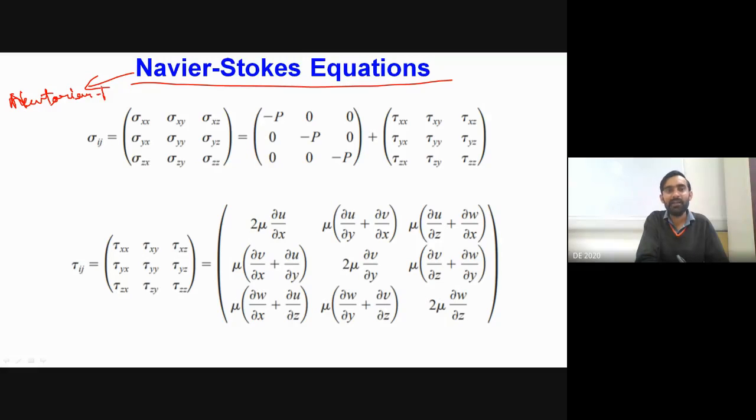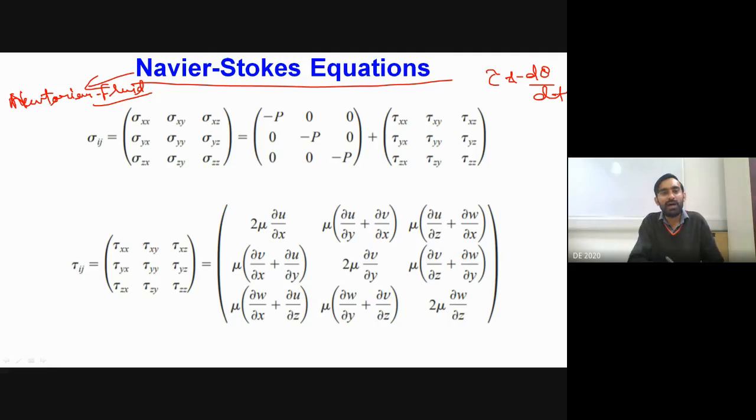If we supply the condition for Newtonian fluids, whatever equation we get, we call the Navier-Stokes equation. I have already told you in our previous slide that we have a linear relationship between tau and d theta by dt, particularly for Newtonian fluids.